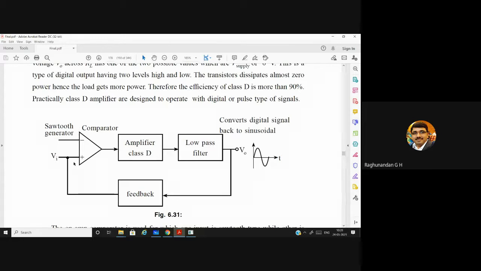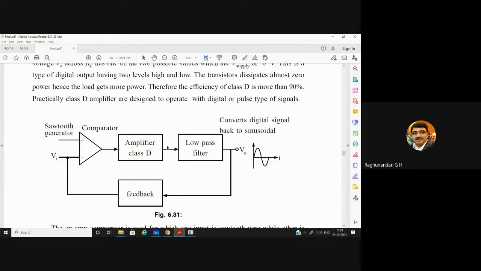Again, the sawtooth signal and this both will be compared, and this process will keep on continuing. So I'll repeat it again. This comparator is going to compare between these two, and it is going to give the pulse, and this pulse is used to turn on the transistor for a longer duration. Since the transistor is turned on for a longer duration, the output will be extended for a longer duration, and we can use a sample and hold circuit to sample the input and hold it for a longer duration.